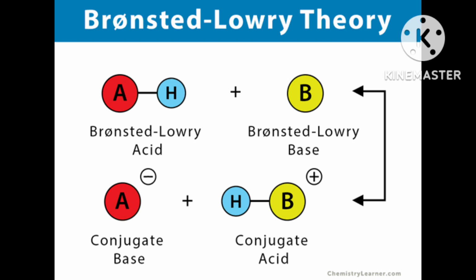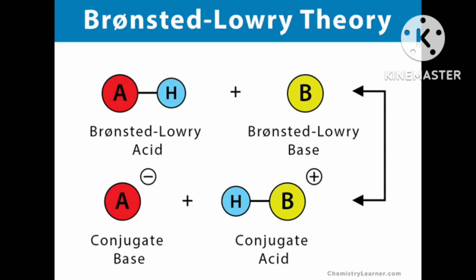In the same way, H2SO4 will give H plus, and HSO4 minus will remain. HSO4 minus is the conjugate base. And for HCO3, after losing one H plus, CO3 1 minus will remain. That is the conjugate base.